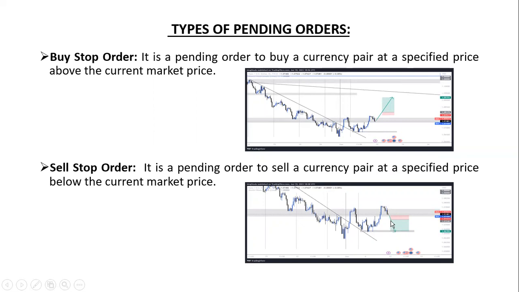So you are waiting for price along the way, that when price gets to this level, your broker should execute a sell order for you. So the buy stop order and sell stop order are just opposites of each other. You are not buying at the current price level, but you are expecting that when price is moving to the upside, you buy along the way. I hope this is well understood.